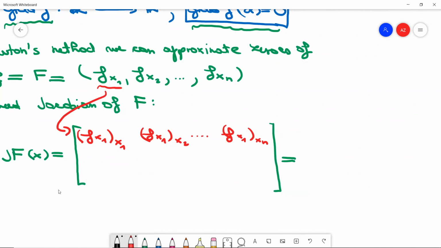So in fact, writing this in a compact way, this is a function f, and I differentiate it twice with respect to x1. And then I have a function f, and I differentiate it first with respect to x1, and then with respect to x2, and so on. So those are second derivatives of the function f with respect to different variables.